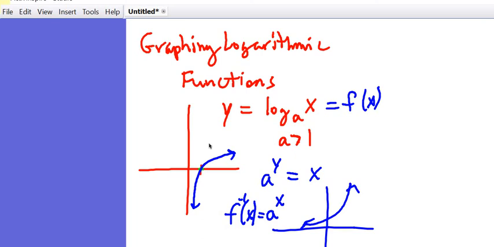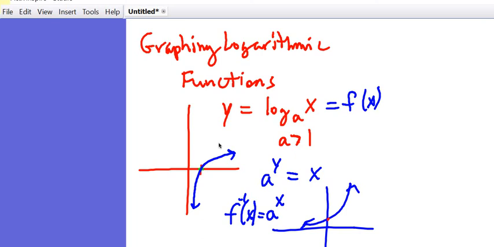Over here, for our parent growth function, we had what I call a shift point that's 1 unit above the asymptote on the y-axis. Well, over here, we have a shift point that's 1 unit to the right of the asymptote, and it happens to be on the x-axis. So everything's the opposite of the way it was with exponentials.